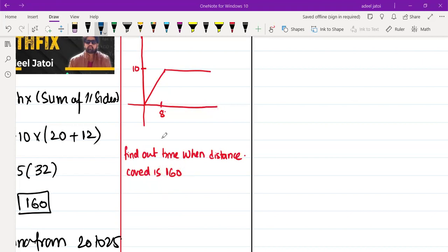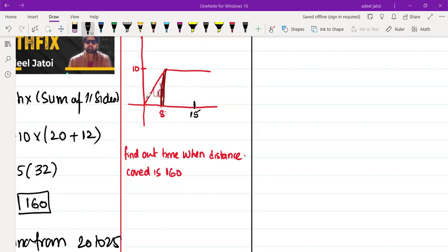But you know one thing, normally 90% of the time your distance is through the trapezium method. Let's say this is given as 15 here, just a random 15. Even then, you do not know whether it is before 15 as t or after 15 as t. But what you know is that the first part will be cleared, because the distance is 40, 8 into 10 divided by 2.